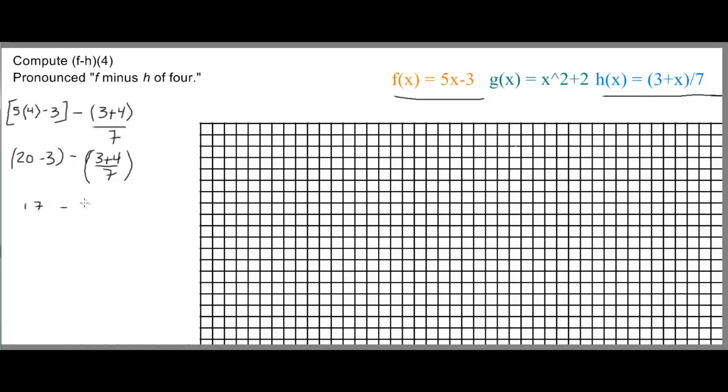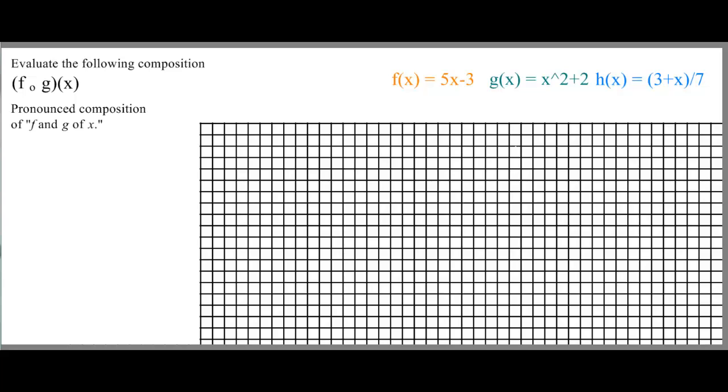Now we'll work on our next group, and it's a fraction. The numerator is going to be first, so that's a 7, and the denominator ultimately is a 1. So we have 17 minus 1 is 16. Either way you want to do this is perfectly fine. Okay, so that is our first problem.